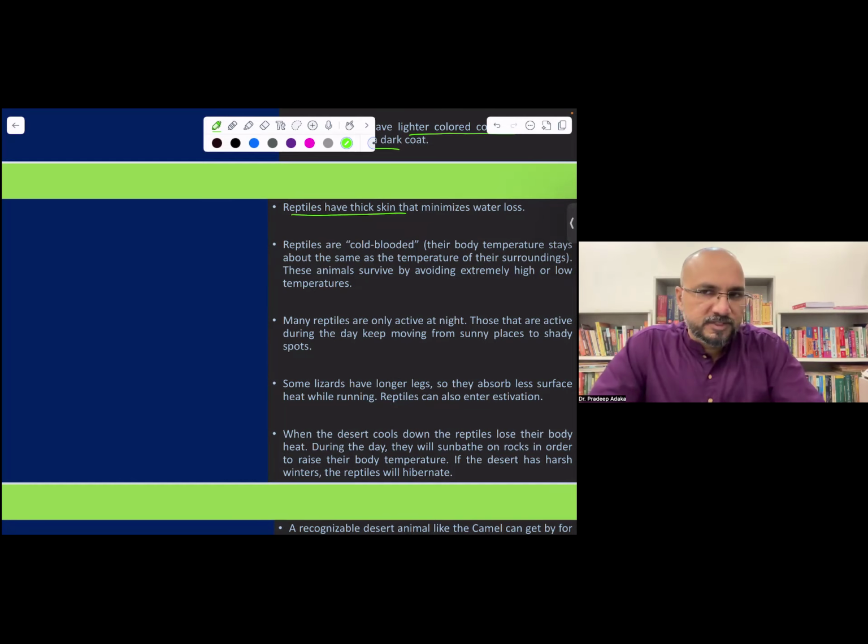When the temperatures are very cold, they will go and sit in the sun. They go for sunbathing so that their body becomes warm. During the winter, now look, you will not find mosquitoes. Mosquitoes will be very few in the cooler areas because temperatures are very low, they are very inactive, and their life cycle will be very long.